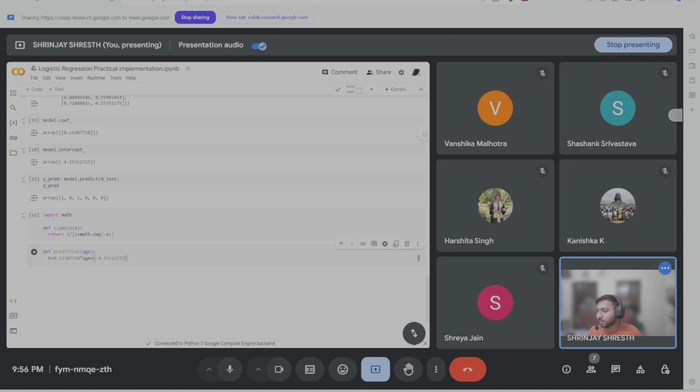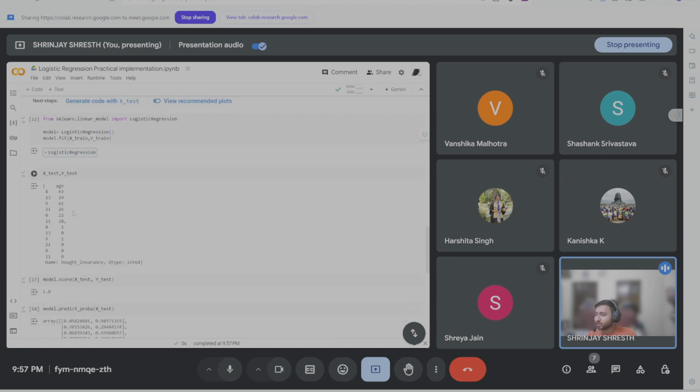This is your hypothesis function, and we'll pass it in the sigmoid function. I'll say my return should be this sigmoid h. I'll pass it there, and let's see what values we get. Let me run this thing. Perfect.